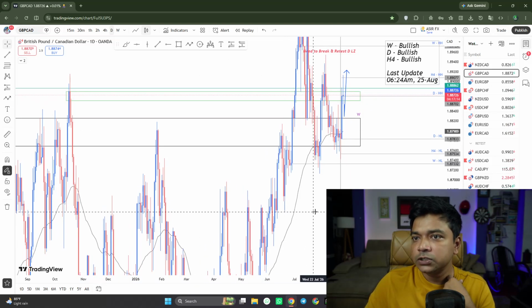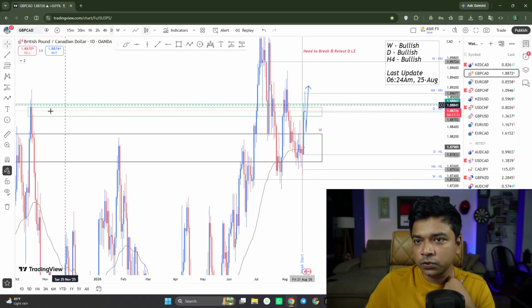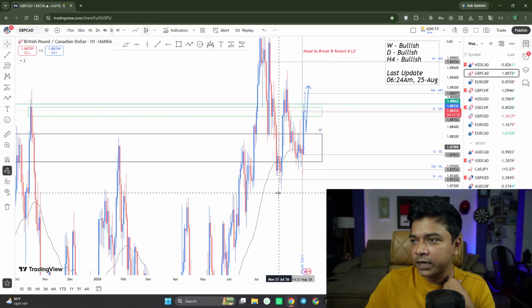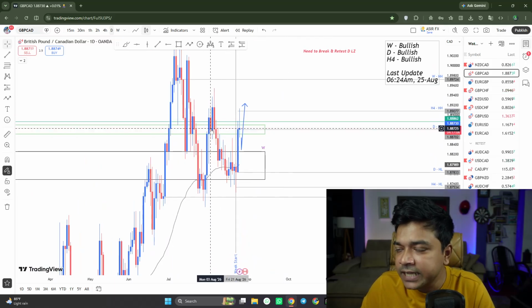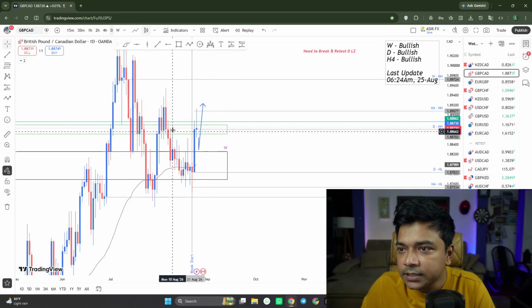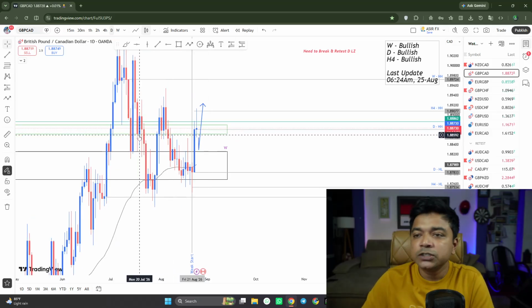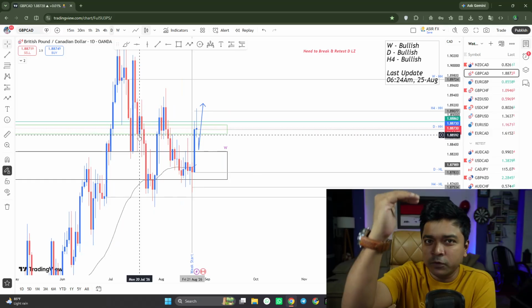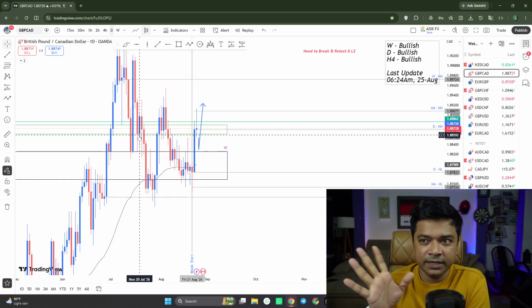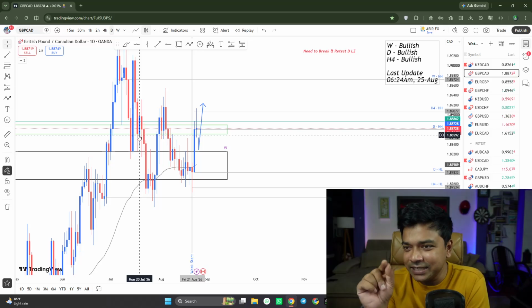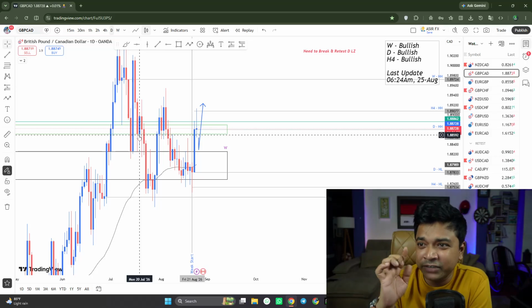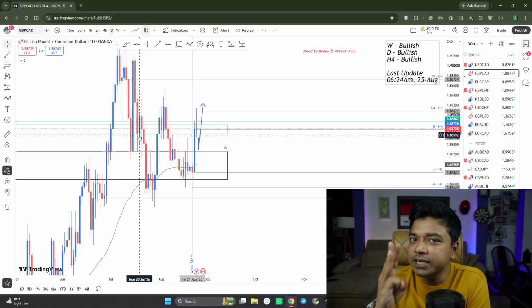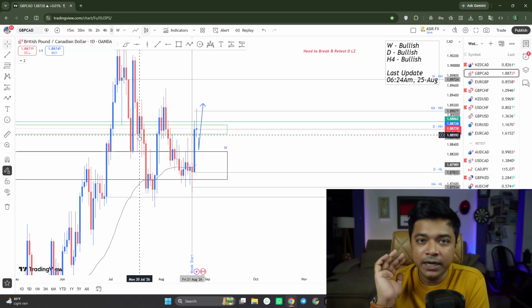This is my day liquidity zone, and the market touched here 1 time, and then again 2, and again 3. So it doesn't matter if the market comes from upside or downside. If the market directly touches that point and goes down or up, that means if the market respects that level 3 times, then this becomes our liquidity zone.